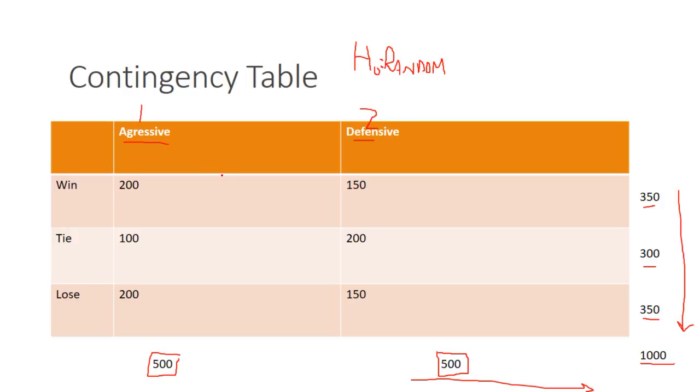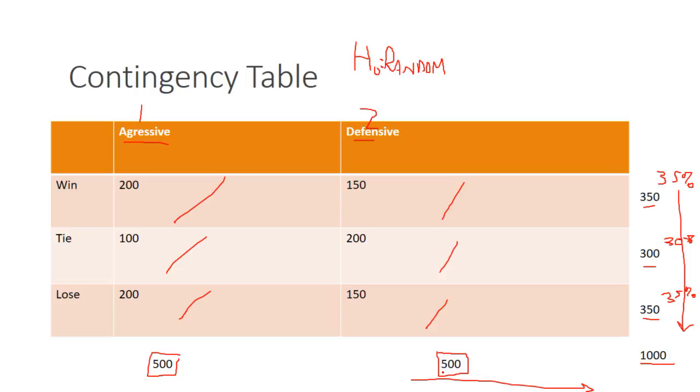So we need to take this, right? And we need to figure out what the expected is for each box. So this is 35%. And this is 30%. It's really easy math here I did for you. And this is 35%. Okay?